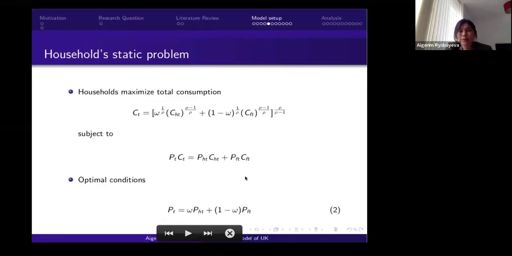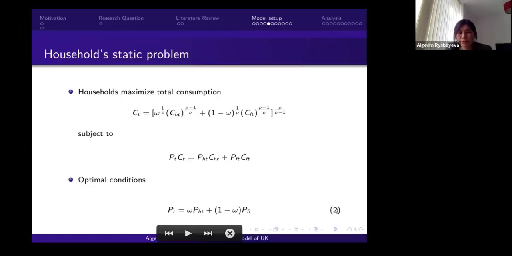So households have another problem. This is a static problem. Households have a total consumption, but they consume 2 different types of goods. One is domestic goods, another is imported goods. From this problem of households, we derive our main equation.